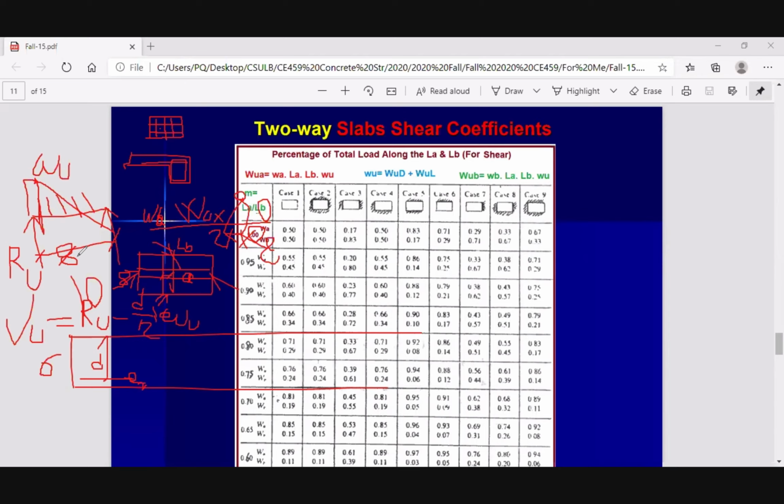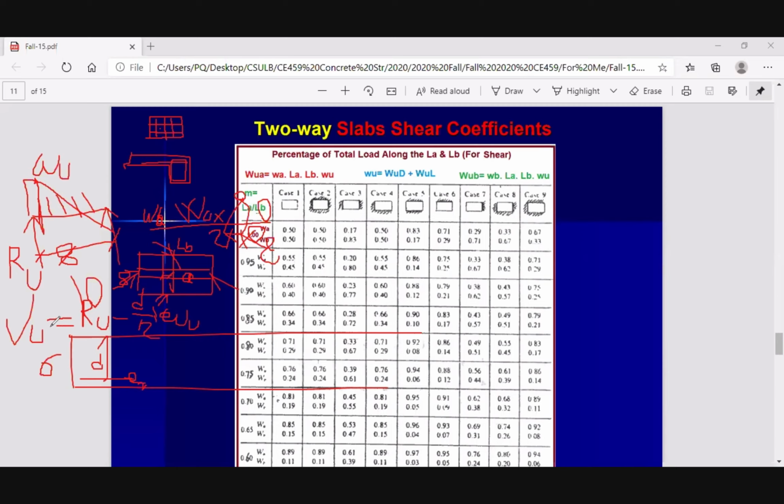So your B is 1 foot. So you can calculate that one for 12 inches, and then times phi, because that's VN, or VC, that's nominal, times phi. You calculate that capacity for shear for concrete only, compare that with this one.